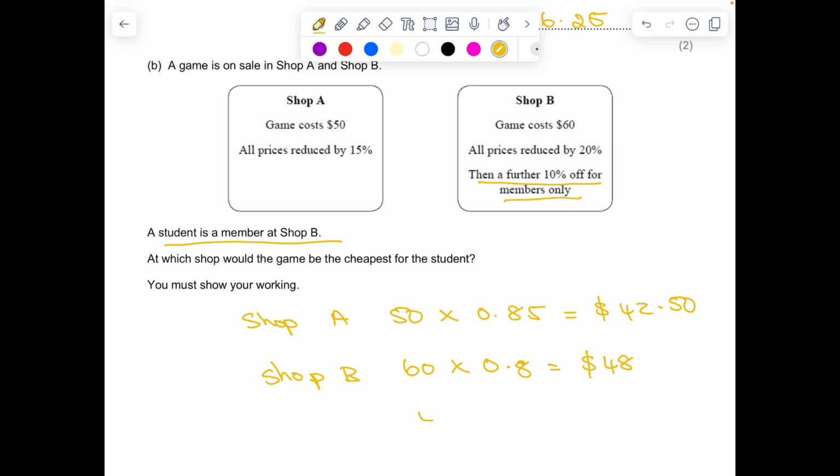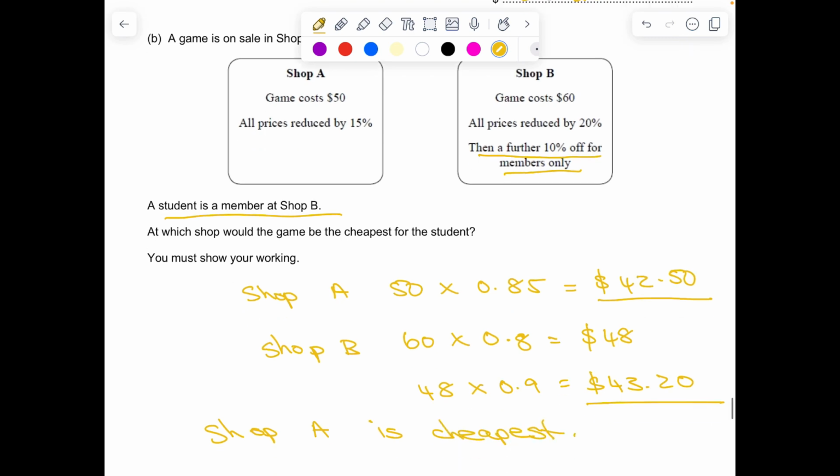So I'm going to take that 48 and times it by 0.9 to do a further 10% reduction because he's a member. And that gives me a total of $43.20. Okay, so clearly shop A is cheapest. So shop A is cheapest. Okay, and you can see all my working out there.